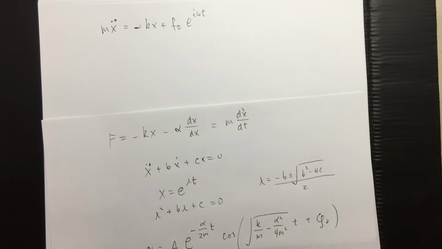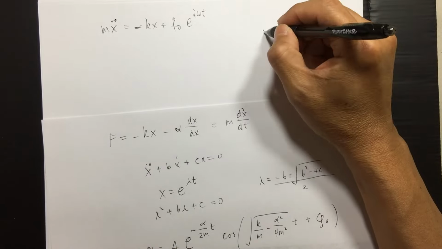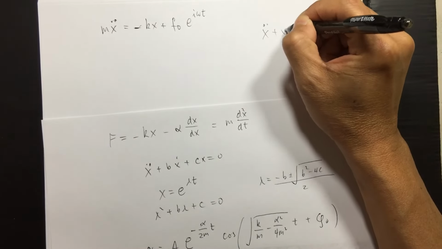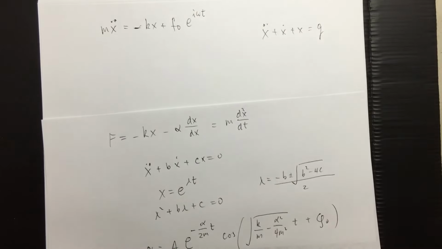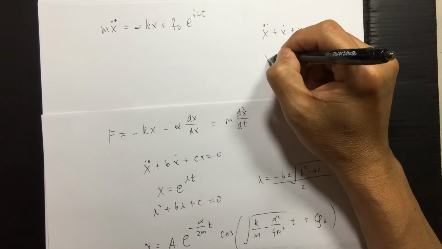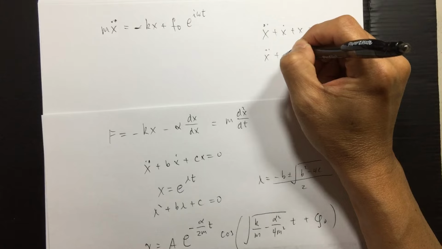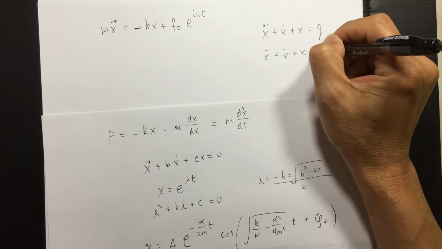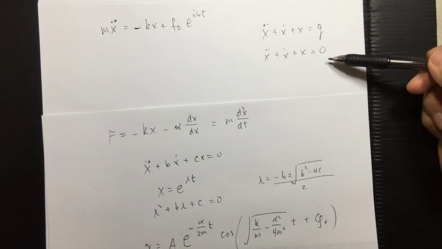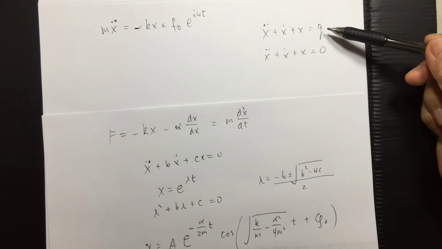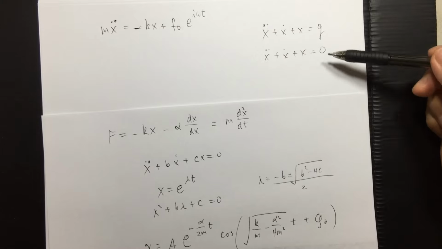To solve this kind of equation, x double dot plus x dot plus x equals g, the way we do it, we solve the equation x double dot plus x dot plus x equals 0. We solve for all solutions in this. Then we find one solution for this. Then add these solutions up.